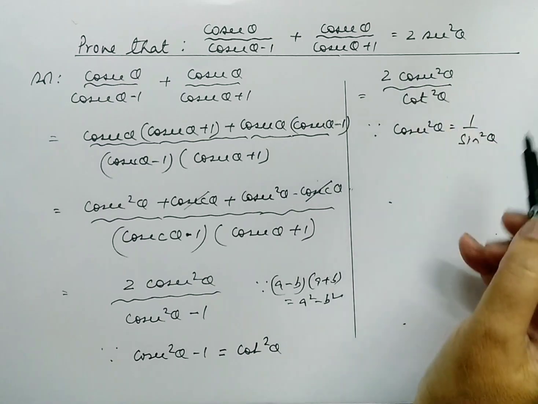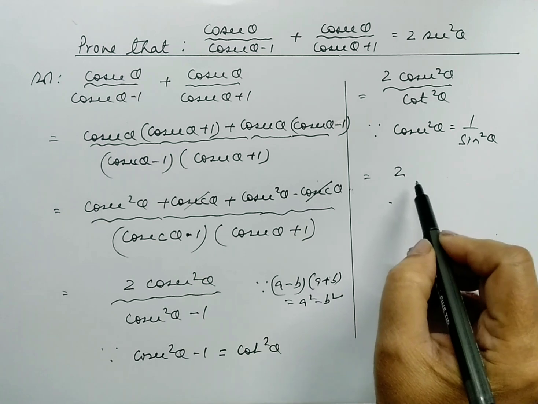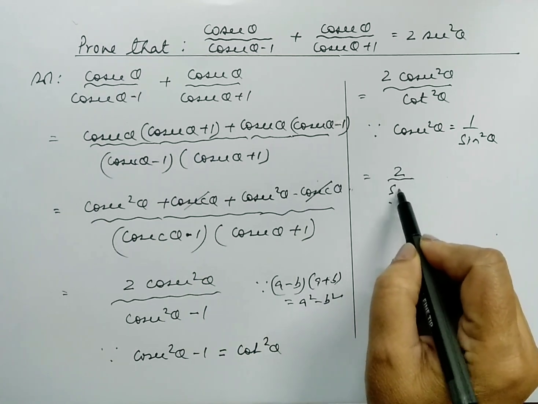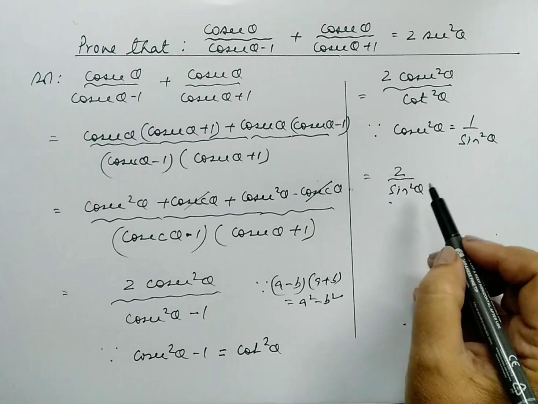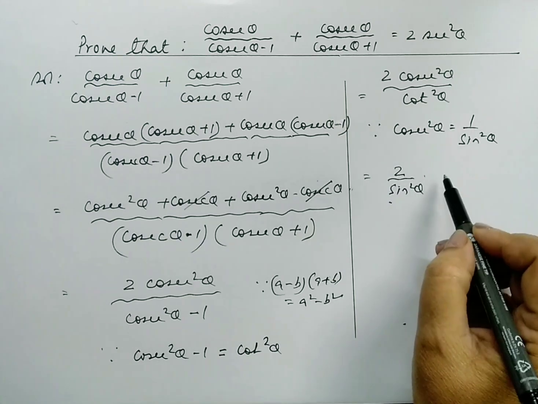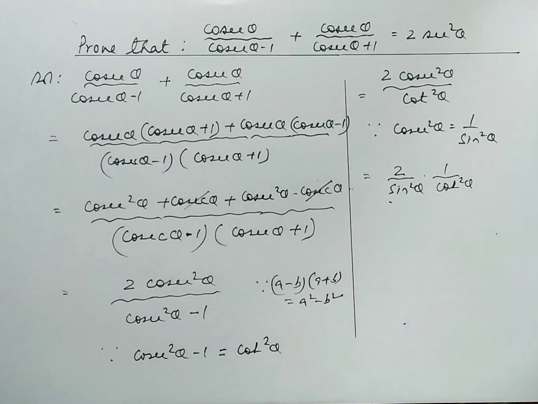So substituting this with this, what do we get? 2 over sine square theta, and we already have a cot below, alright? 1 upon cot square theta, correct?